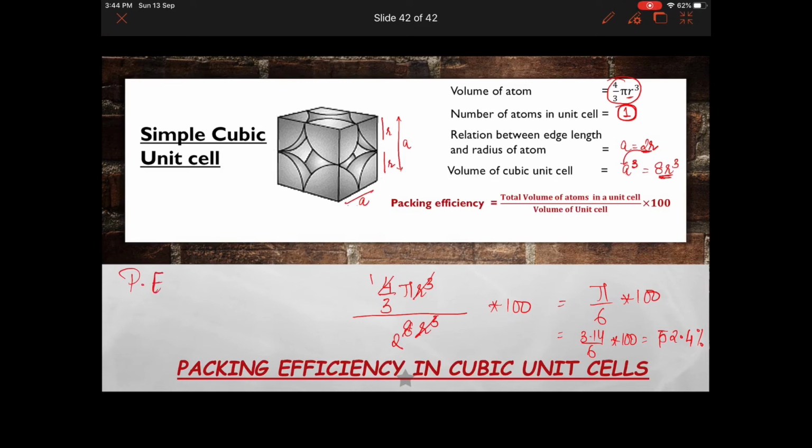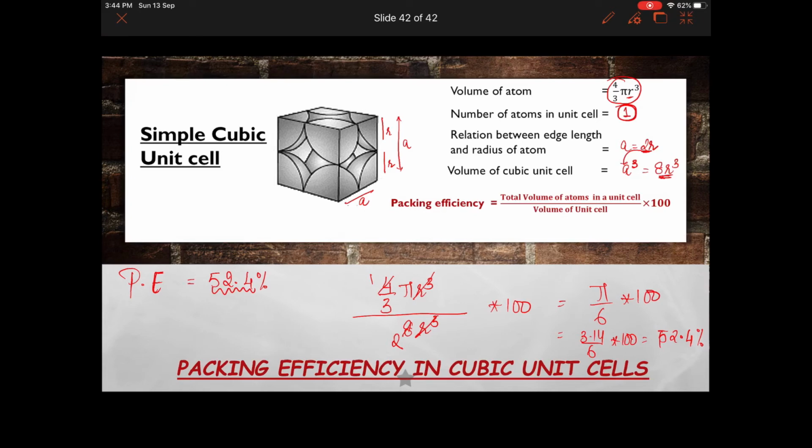That means the total percentage filled by the atoms, the space filled by the atoms in a simple cubic unit cell is 52.4%. So if any packing is having a simple cubic unit cell, which was that? Square close packing, right? So in square close packing, the packing efficiency is 52.4. Correct?